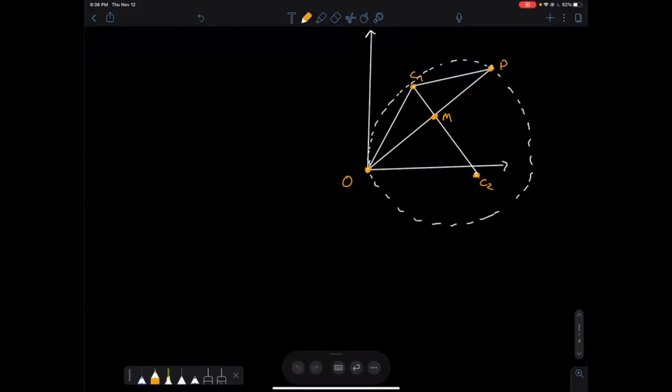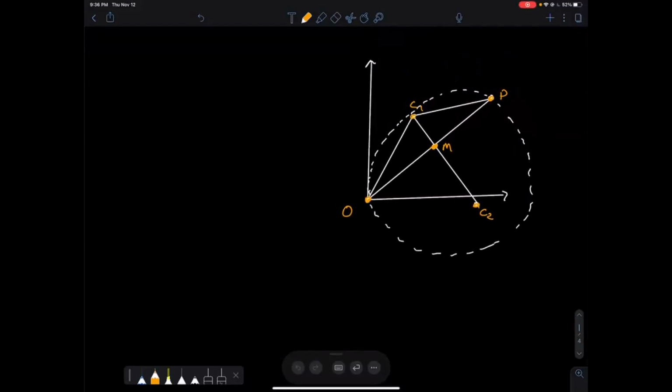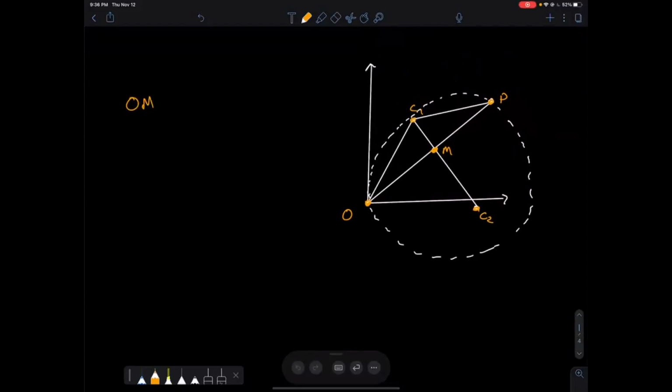So what we can do is use the distance OM. OM is equal to 1/2 of OP, right? Because this midpoint must be in the middle of OP. And so that is going to be 1/2 times (10, 10), which is our vector, and that gives us (5, 5).